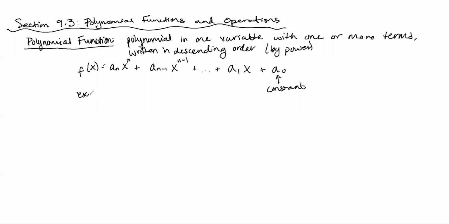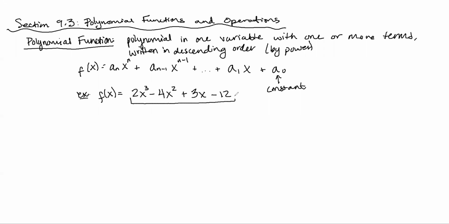And just to see an example of this, we'll have f of x equals, let's say 2x cubed minus 4x squared plus 3x to the first, and then minus 12. So this is a polynomial function.